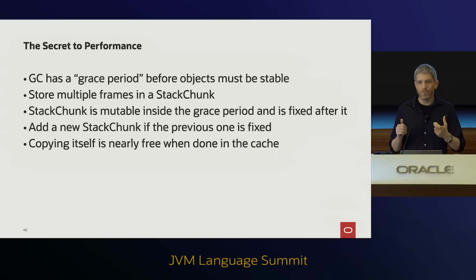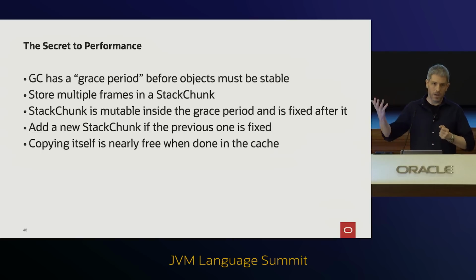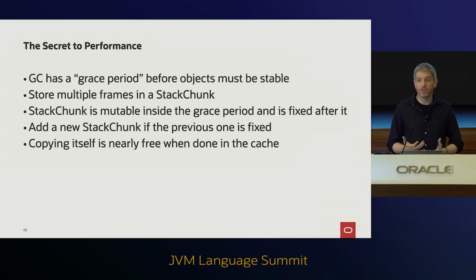But the GC doesn't look at objects all the time, only when it starts a collection. So we have a certain grace period from the time an object is created until the time the GC sees it, where we can still change the shape. We can mutate it. And in fact, for some GCs, that is the entire young generation. The GC doesn't care about the stability of the oops.